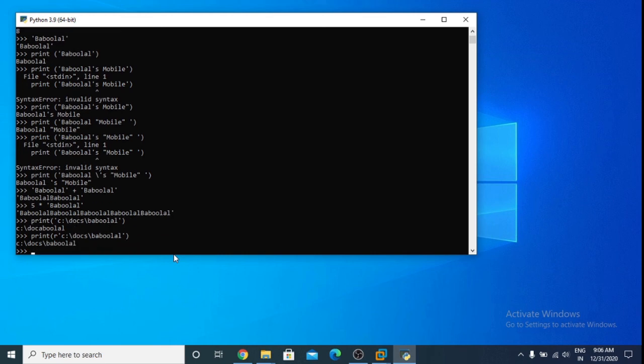It's because here the B is not coming. So use here R. So it gives the complete line.